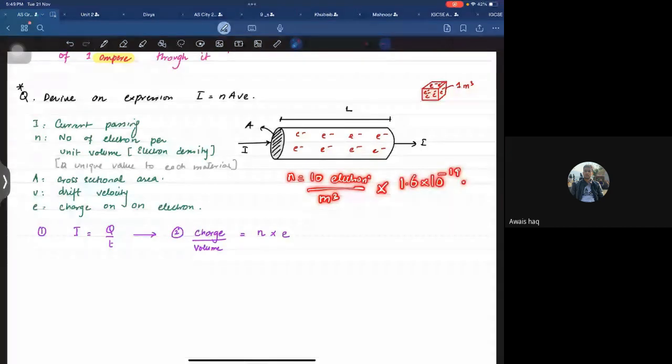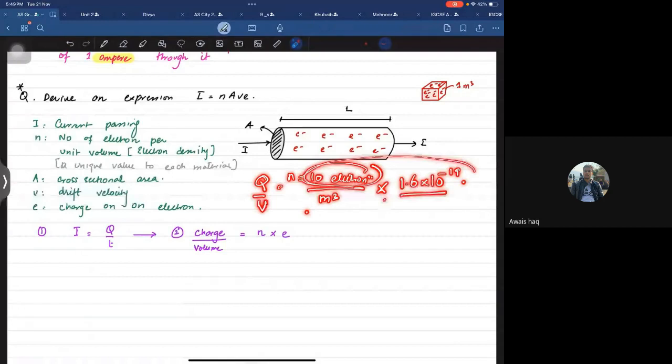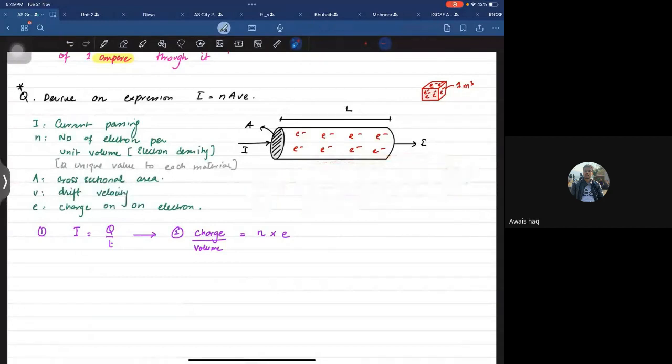So what will I get? I will get the total charge per unit volume. Each electron has this charge, and there are 10, so it will be the total charge over volume, right? So N is basically how many electrons are there in a unit volume, and if I multiply the charge on each electron, I will get the total charge per unit volume. Is it clear?